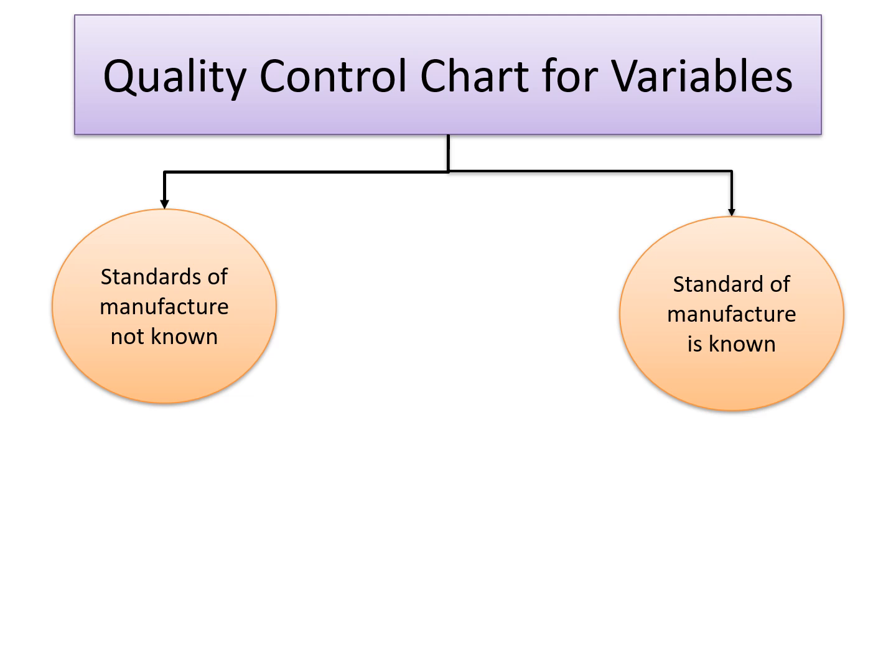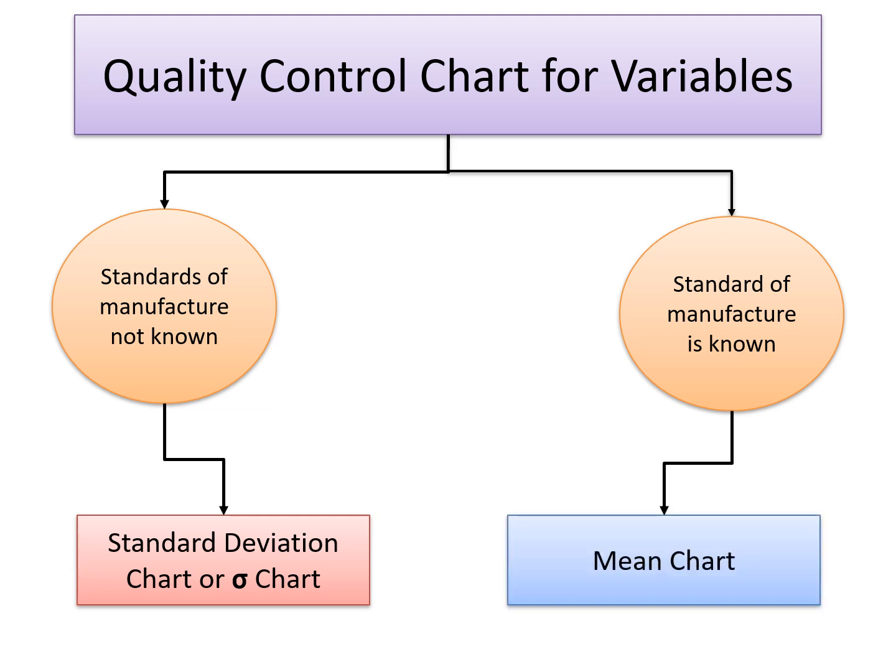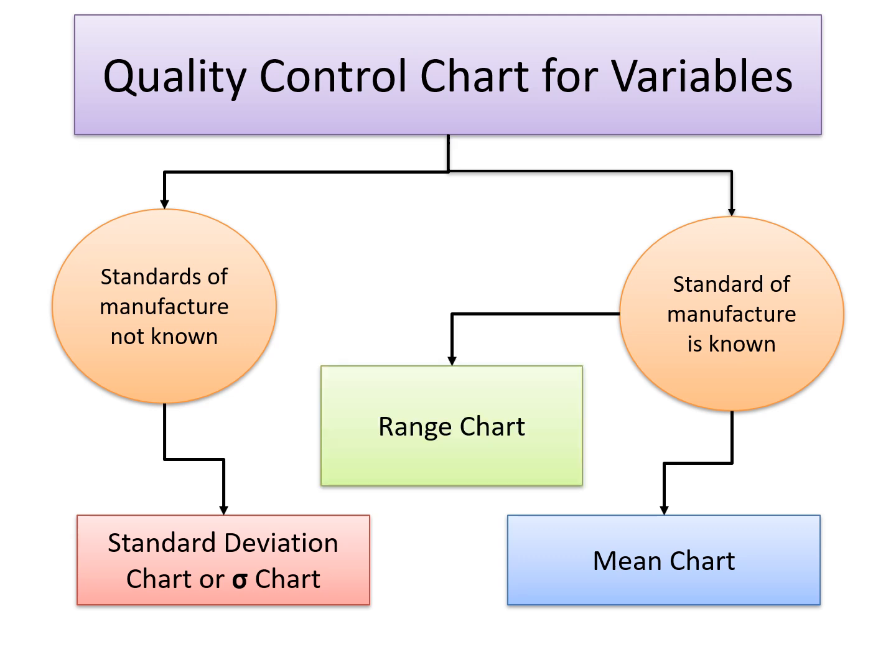Where the standard of manufacture is not known, we take the help of the standard deviation chart or the sigma chart. On the other hand, where the standard of manufacturing is known, we use the mean chart and the range chart.